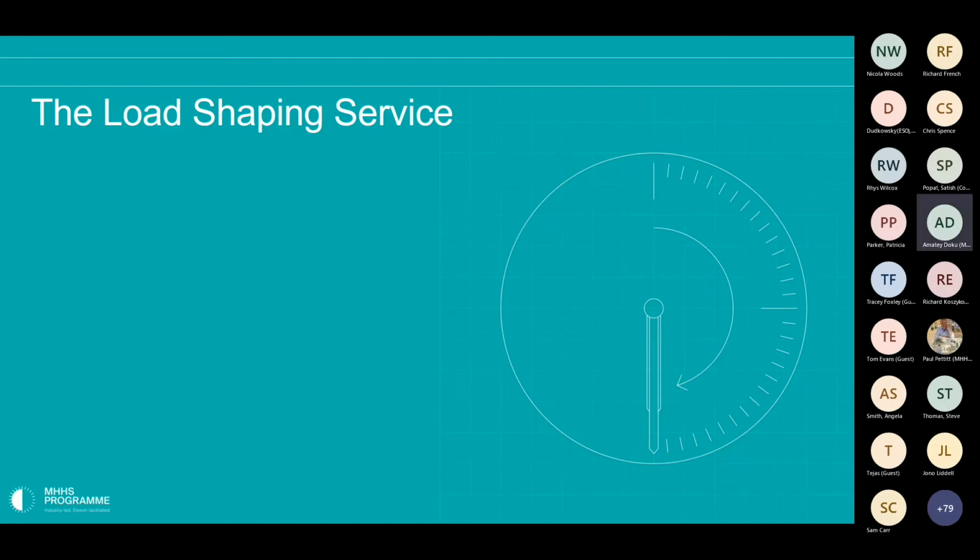Great. Sorry to bother again. Please, can you confirm the hashtag we should be using on Slido? I didn't hear that. Can you confirm the hashtag we should be using on Slido? It's MHHS and then settlement. So you need two S's. So that might be where you're going wrong.